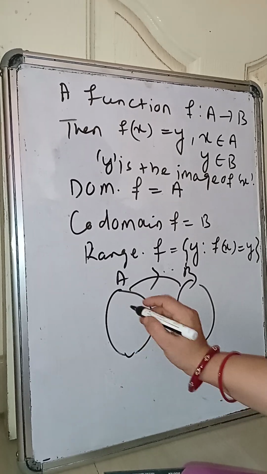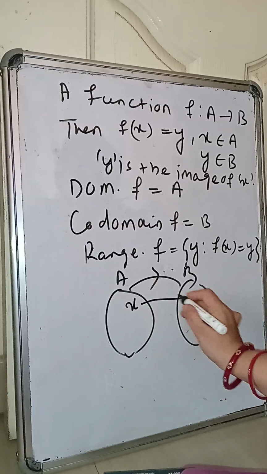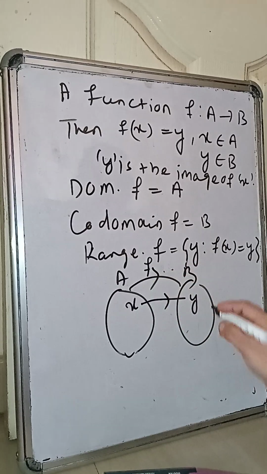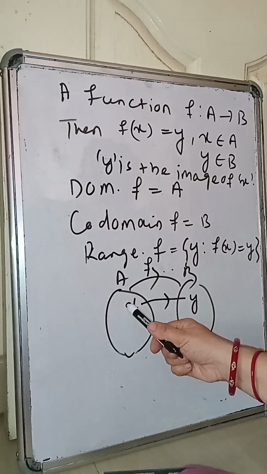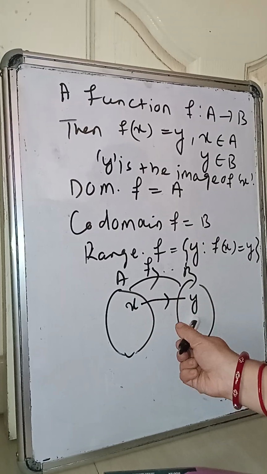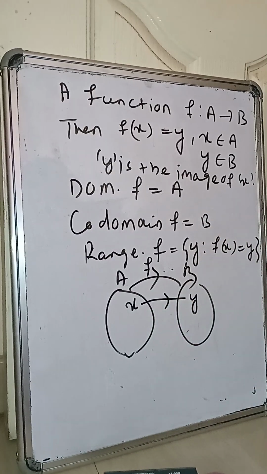If you take an element x from set A and it has an image y in set B by this function f, by the rule f, then each element of set A has an image in set B, and each image is unique under this function. If these two conditions are satisfied, then a relation is a function. We discussed these things through examples. Try to solve some more examples so that you will be more clear.